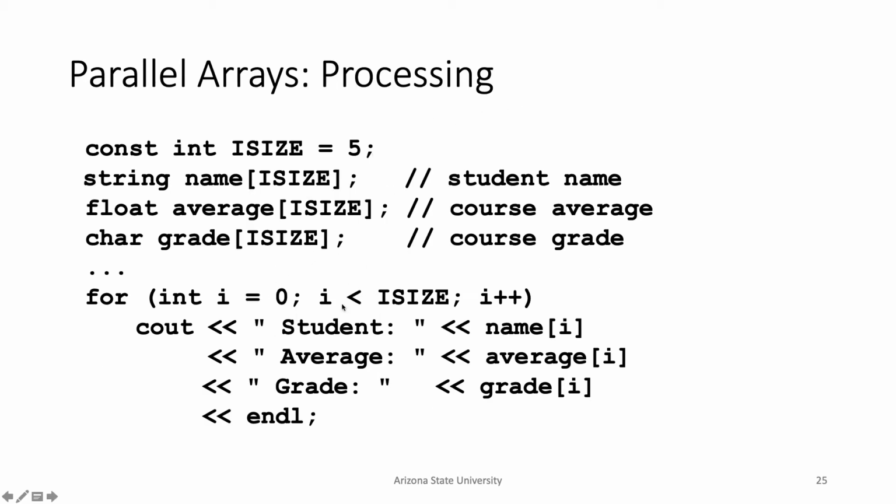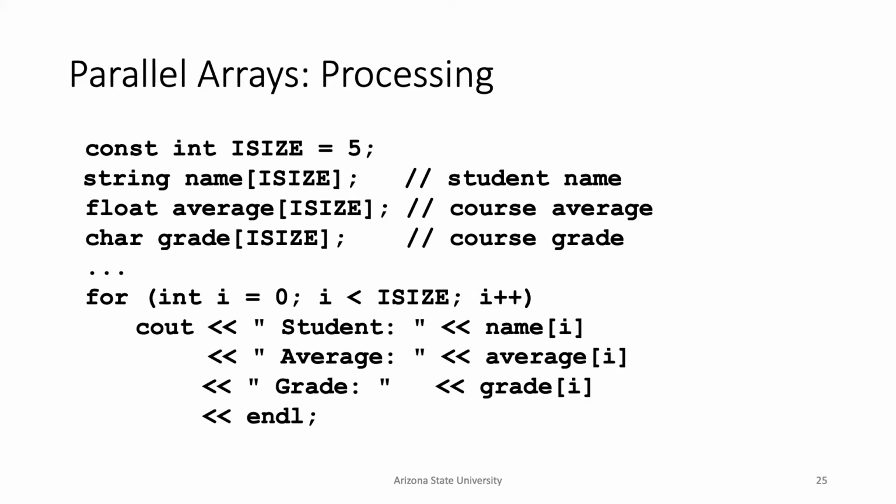Okay, so in order to process them, it's pretty simple. They all have the same size, which is great. So this would actually be a case where you do need the index, because I need to access the same index across the arrays. I can't use a range-based loop because that just gets the values out of one array, not the indices.